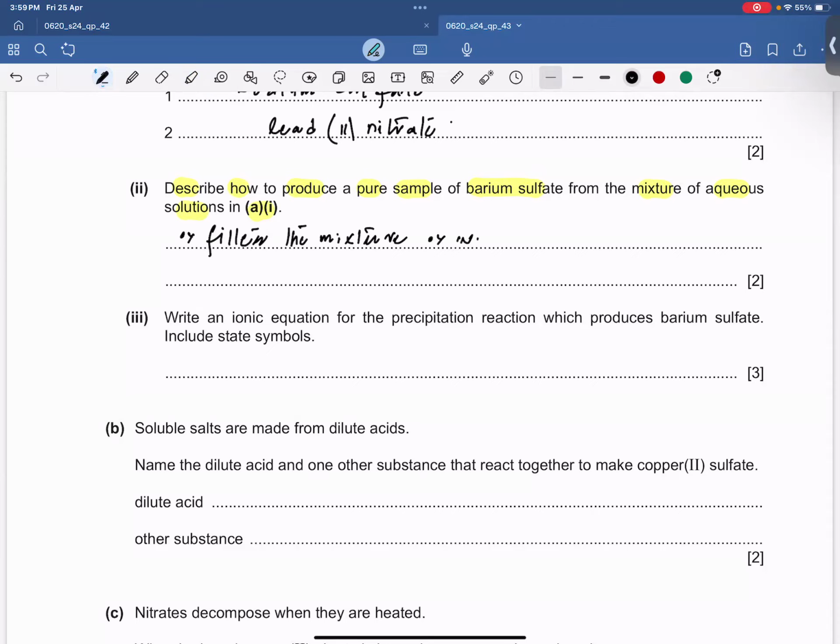Wash the residue with distilled water. And obviously then I will dry the residue, dry the residue on the filter paper.